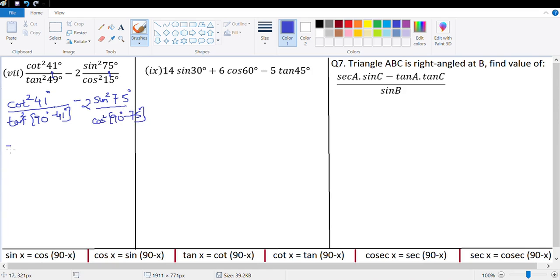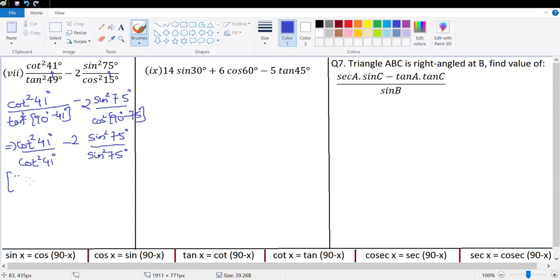So this is cot square 41 degree upon cot square 41 degree, because tan 90 minus theta is equal to cot theta, minus 2 times sine square 75 degree upon sine square 75 degree, because cos 90 minus theta is equal to sine theta. Let's just write this reason.